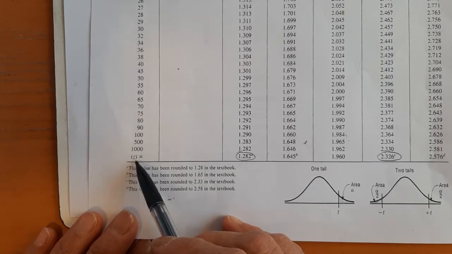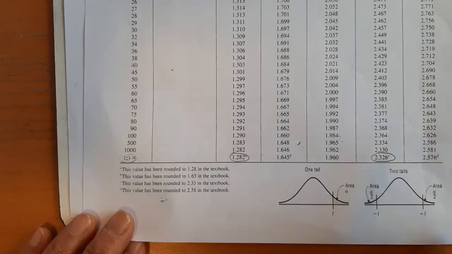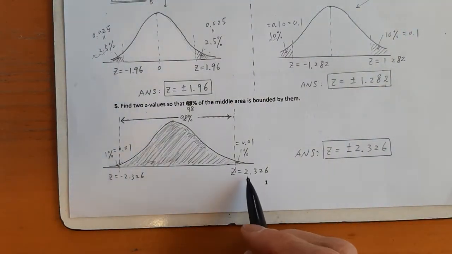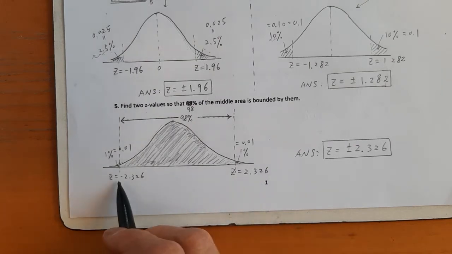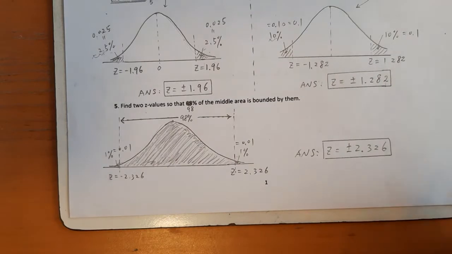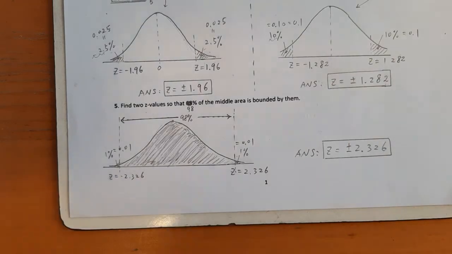So this is the z-score, here it says z-score, 2.326. That's the more accurate one, so this should be negative 2.326. In the textbook it is rounded to negative 2.33.